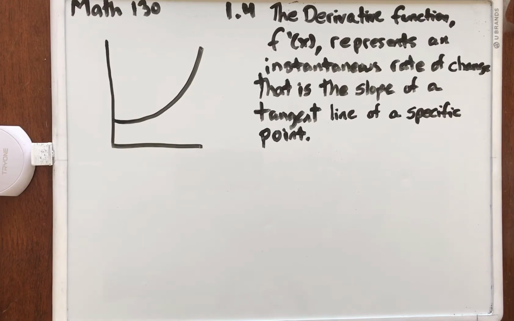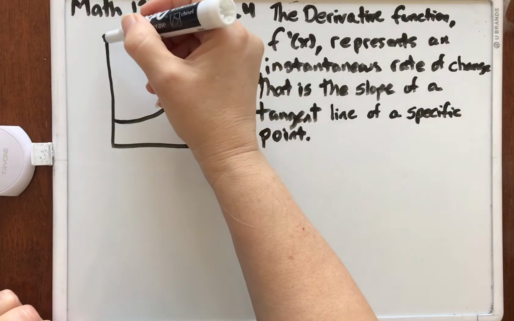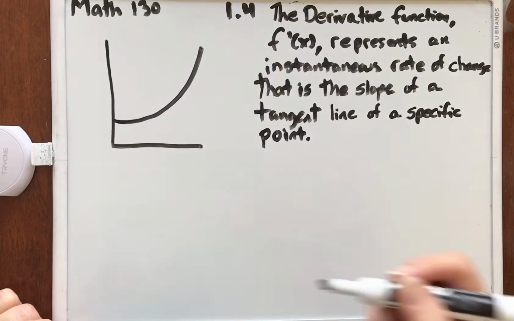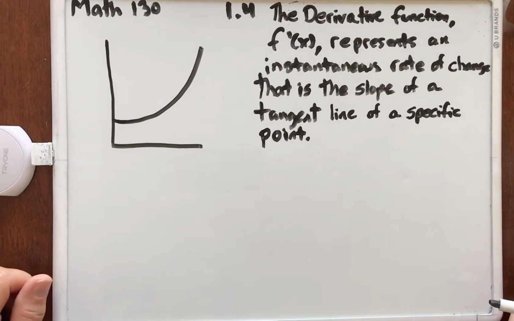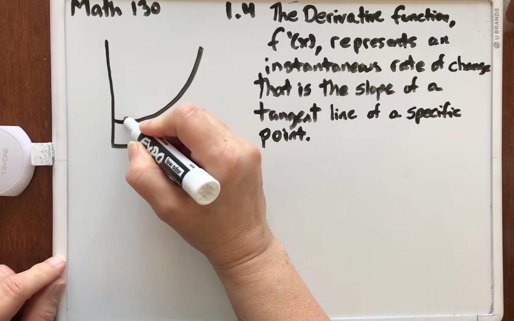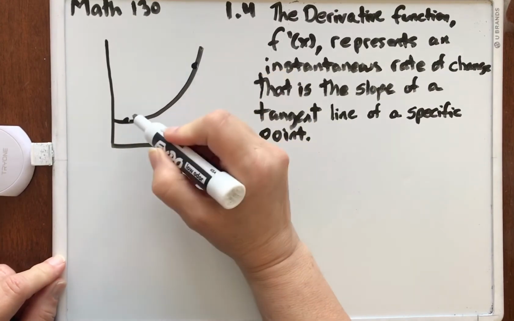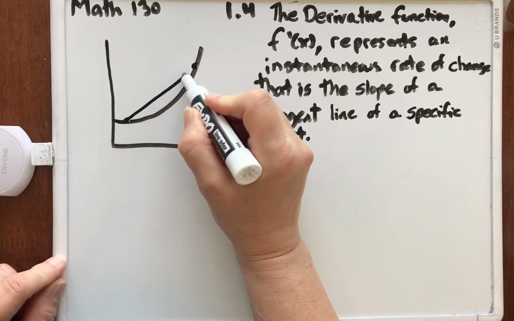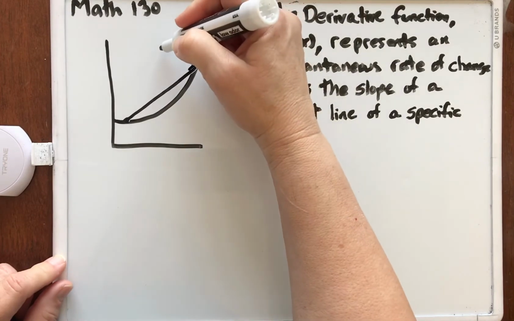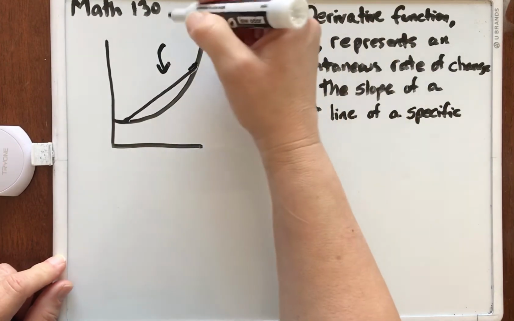Now draw this graph right here and make a curvy line, because we've been dealing with curves lately. If we take two points that are kind of far away and connect them, this kind of line is called a secant line.